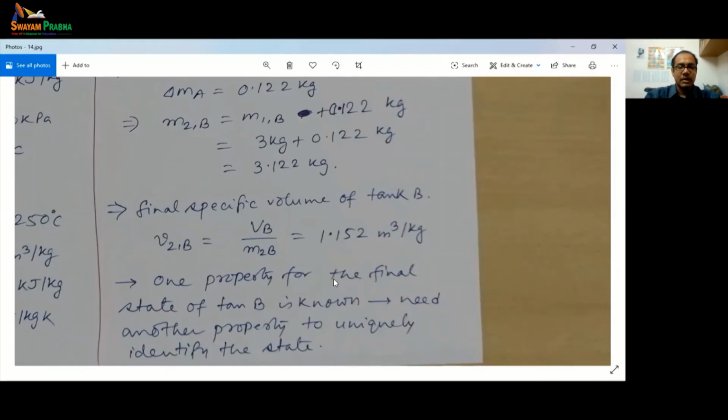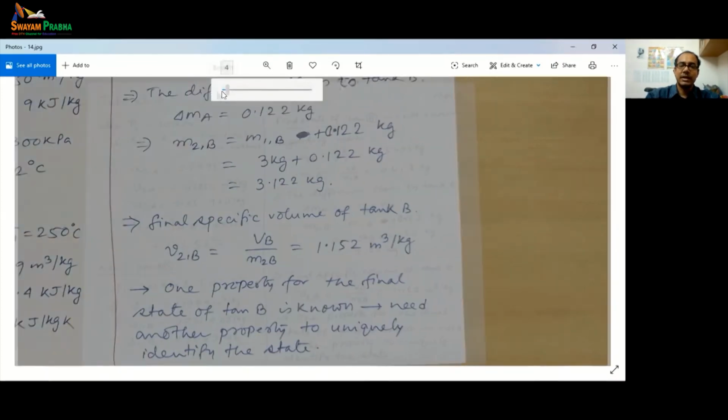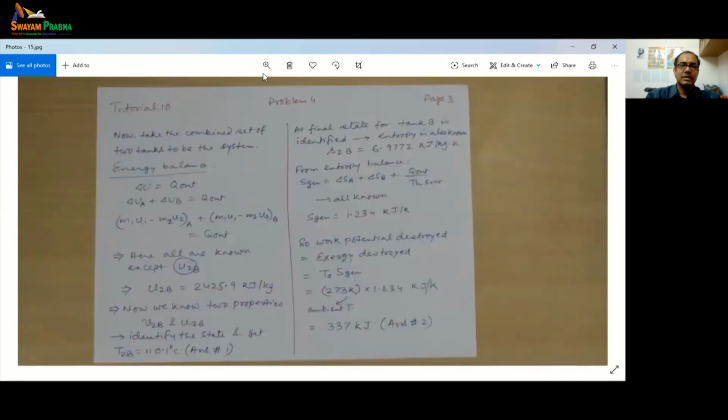Okay. Now one property for the final state in tank B is known, right? That's the specific volume. Now we need another property to uniquely identify the state, right? So let's go and see how we can do that.